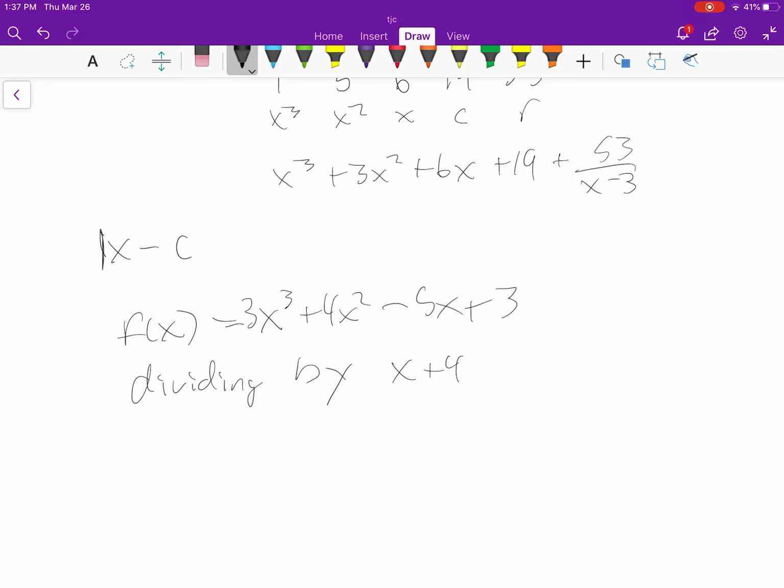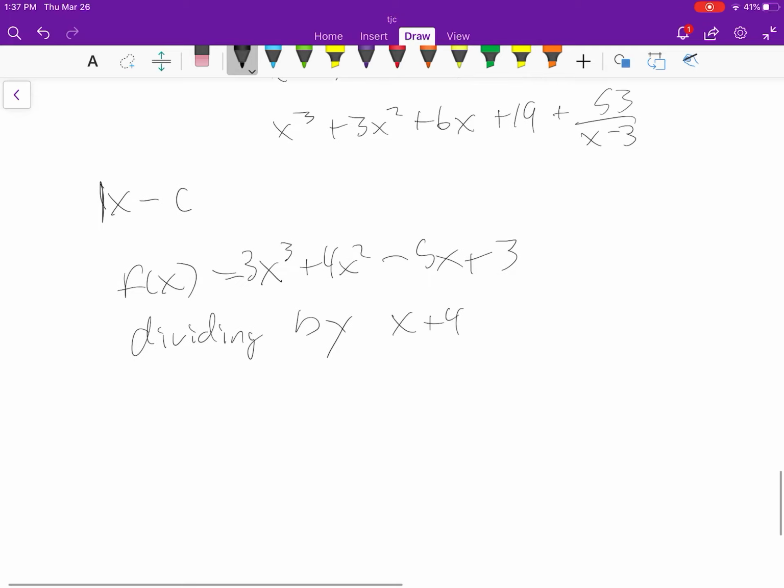Now, we could solve it using synthetic division, but the remainder theorem is a shortcut. Since we're dividing by a binomial with a coefficient of 1 in front of the x, all we have to do is plug in negative 4. The remainder theorem states that f of c will be your remainder.